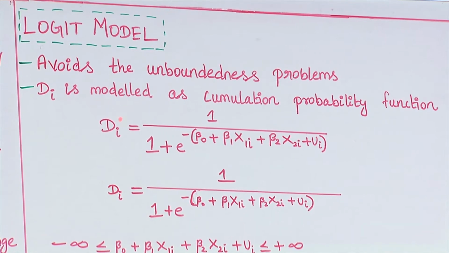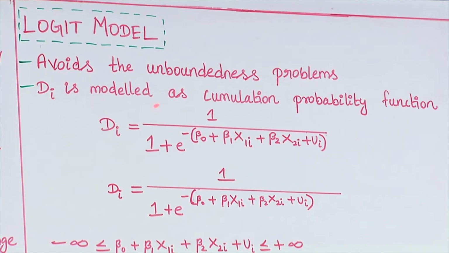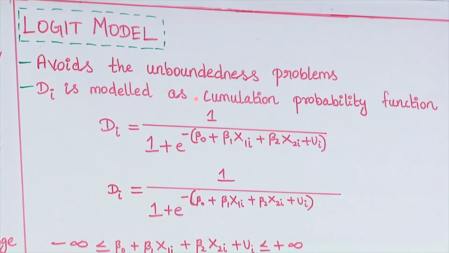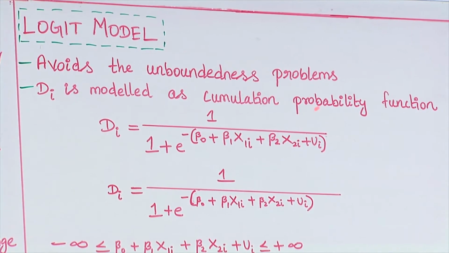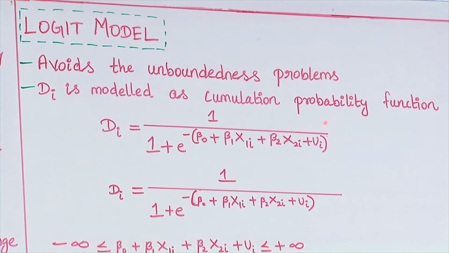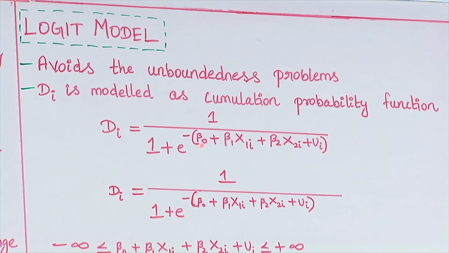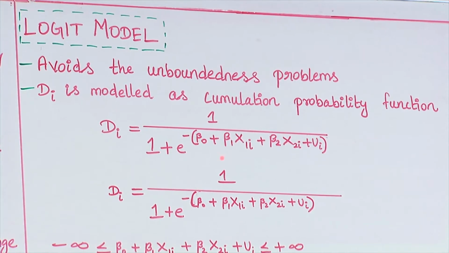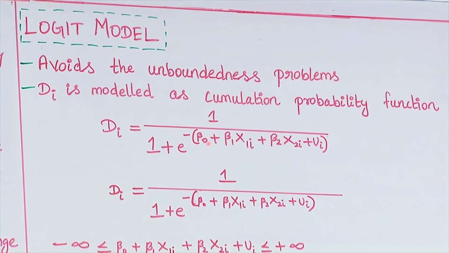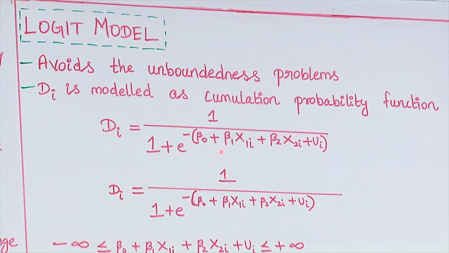It addresses that issue by taking the cumulative probability function, not the probability function straight. So, di is taken as the cumulative probability, and di is a function of the linear function of the independent variables.